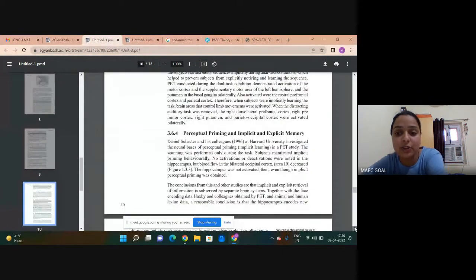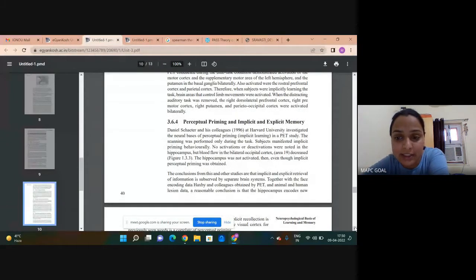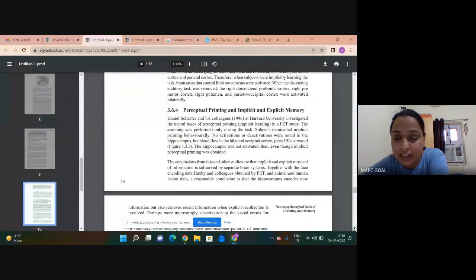Then we have perceptual priming and implicit and explicit memory. Again, Daniel Schacter and his colleagues, 1996, investigated which brain areas get activated, again using PET. That is the bilateral occipital cortex and the hippocampus.